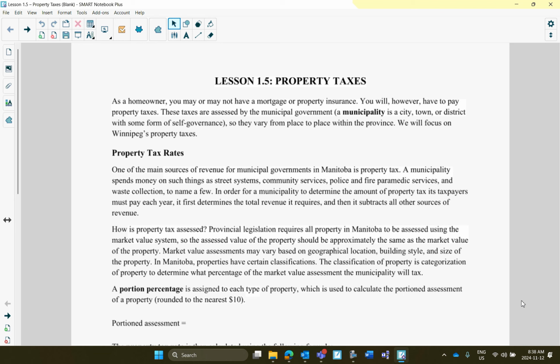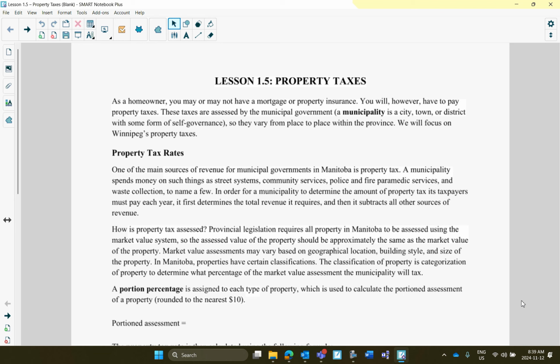That means keeping roads and bridges up to date, sewage systems, arts and recreation programs that are offered from the government, fire and paramedic services, community services, which is like arts and recreation things, okay? And waste collection are just a few examples. So they have to pay for that.